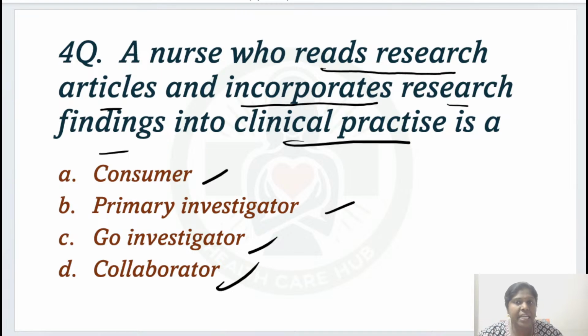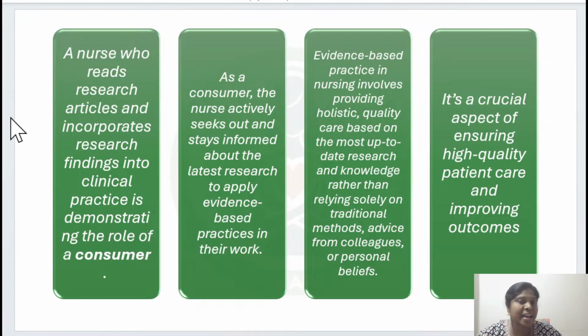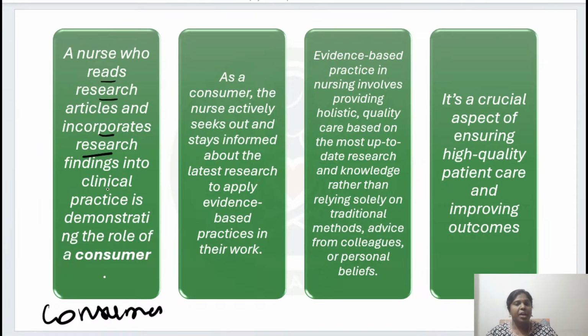When the nurse is reading research articles and incorporating them, she is called a consumer. The nurse who reads research articles and incorporates the findings into clinical practice is doing the role of a consumer.